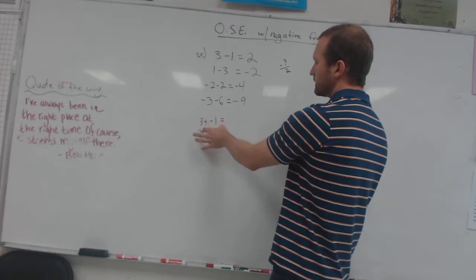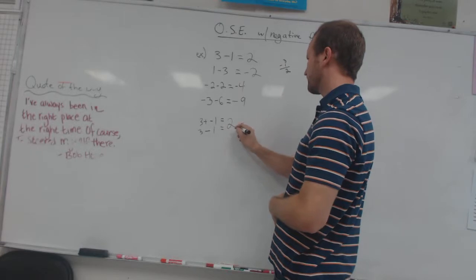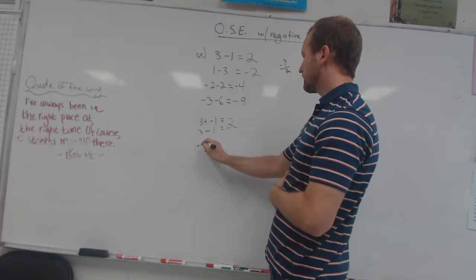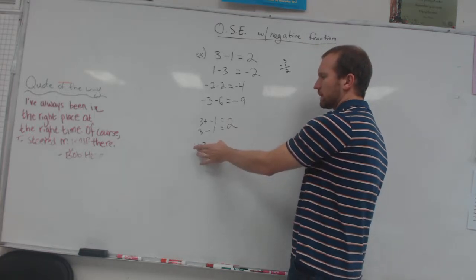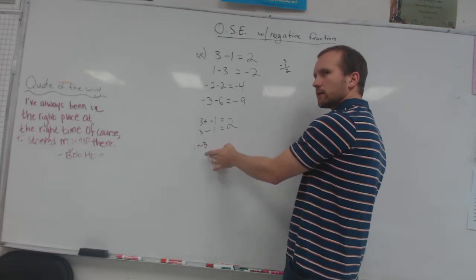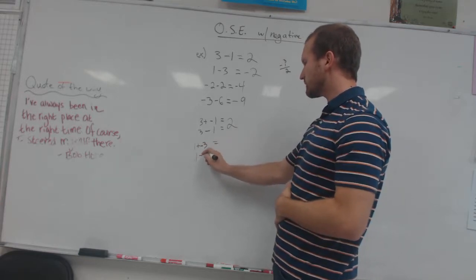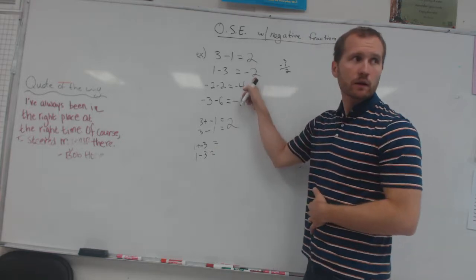So it would be 2. What if I had 1 plus negative 3? It's the same thing. Plus a negative is just minus. So that's the same thing as this one. Negative 2.